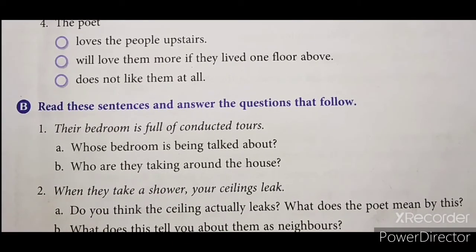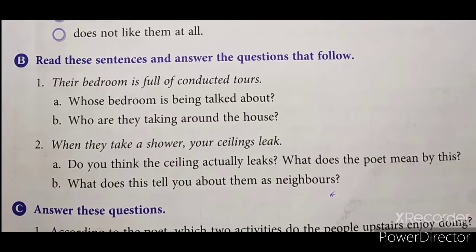Next, read these sentences and answer the questions that follow. The first one, their bedroom is full of conducted tours. Students, listen. The poem line, their bedroom is full of conducted tours. Whose bedroom is being talked about? Listen carefully, then write without spelling mistakes.